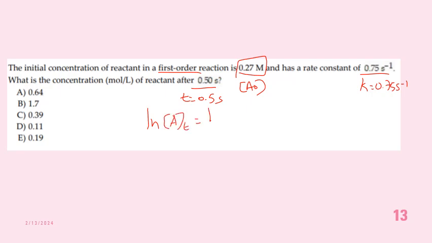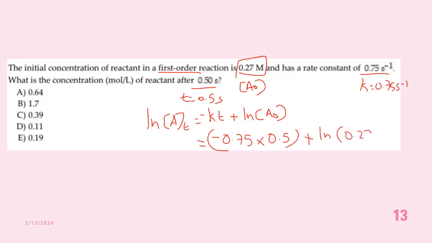Okay, so that is ln [A]t equals negative kt plus ln [A]0, and ln [A]t is the one they are asking for. So negative 0.75, and time is 0.5 second, and I will just write ln of the concentration given as 0.27.